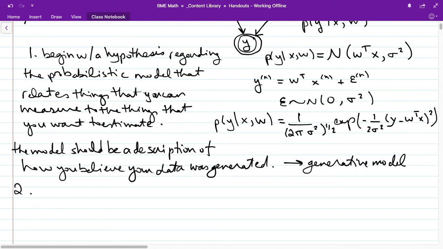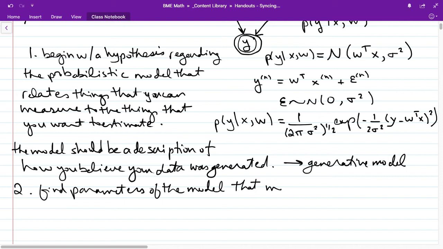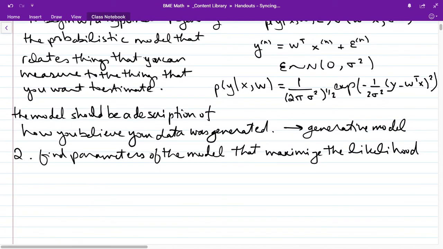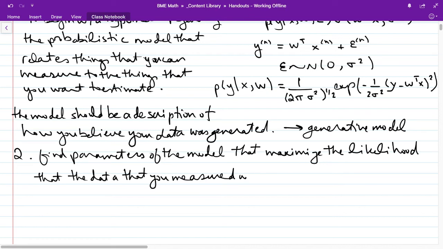Then the second step is you find the parameters of the model that maximize the likelihood that the data that you measured was generated by your model.